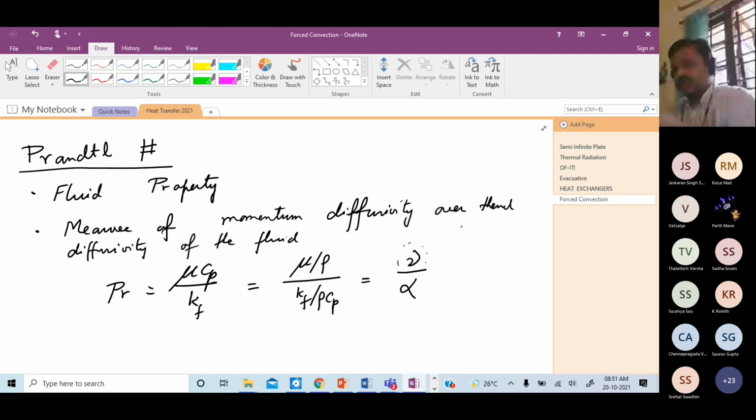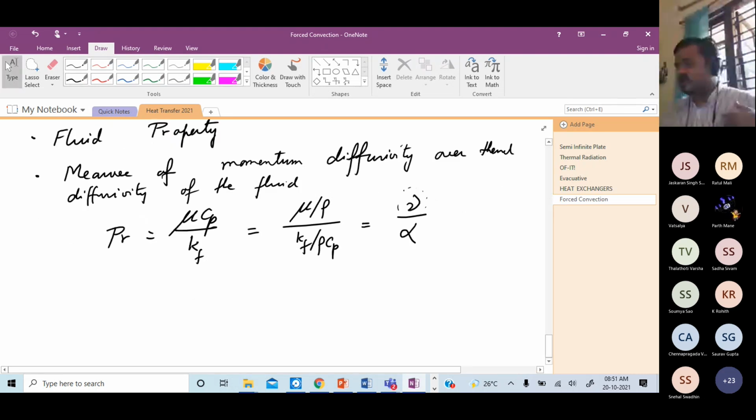Okay. So in other words, the thermal disturbance is going to propagate or penetrate for a larger depth into the fluid, as you move up from the heated surface, if the thermal diffusivity is higher.